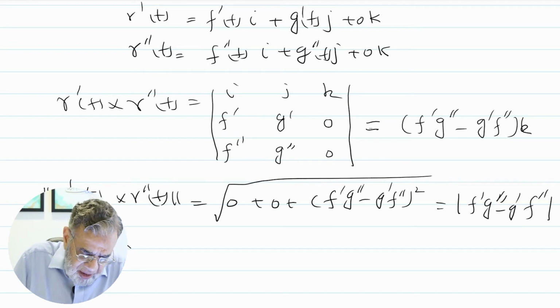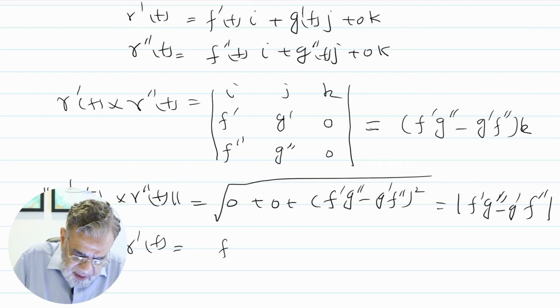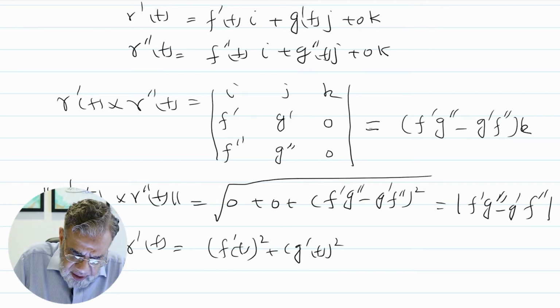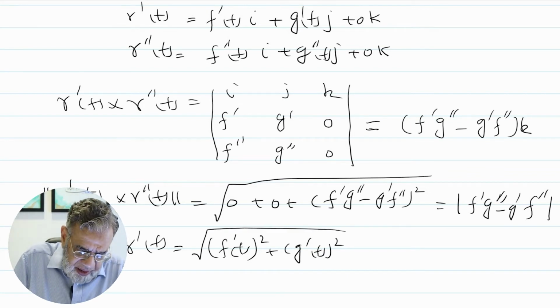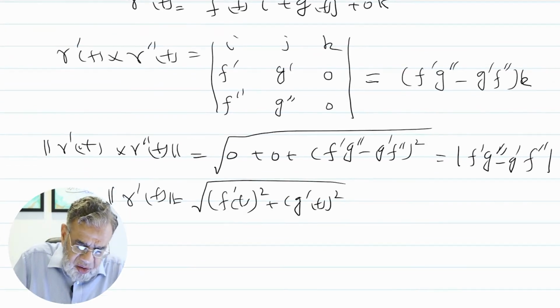Then we need the magnitude of r'(t). So for my r'(t), we take (f'(t)) squared plus (g'(t)) squared, whole under the root. This is the magnitude of the vector r'(t). Now we substitute to find the curvature.